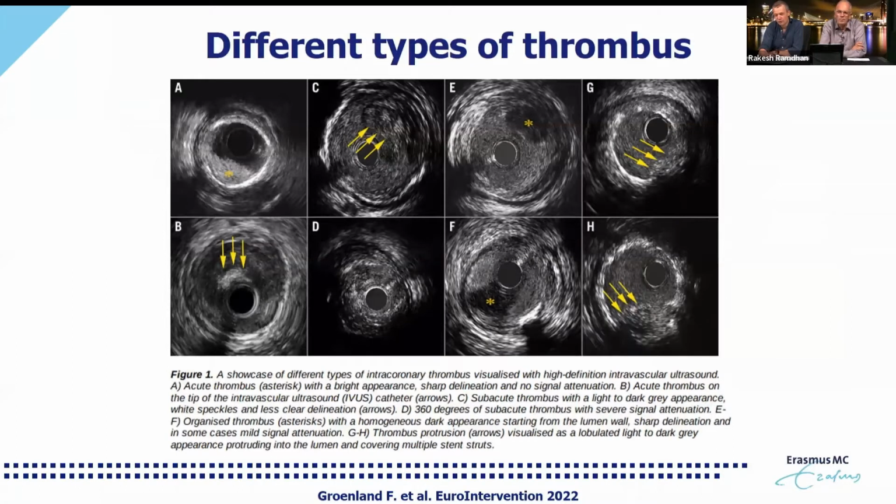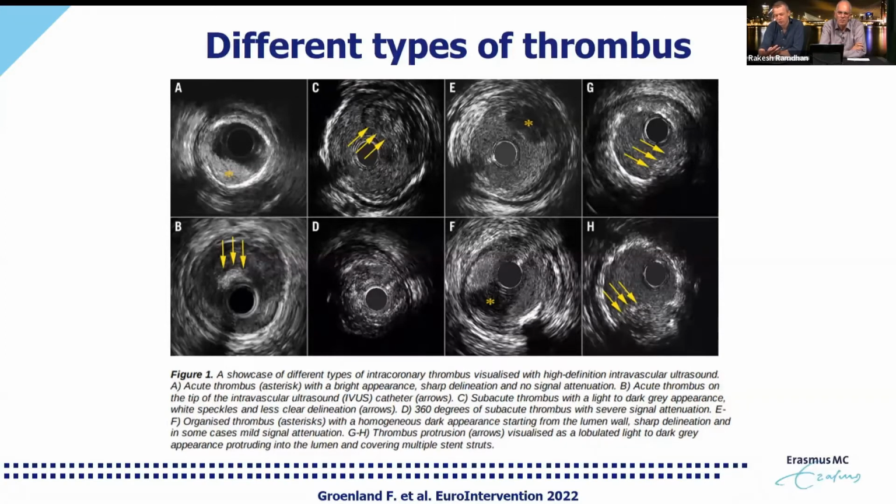The acute thrombus is characterized, as you can see, by the bright white appearance of the thrombus, virtually no signal attenuation. The subacute thrombus is characterized by a more grayish appearance. You can see that in panels C and D, sometimes with a little bit of attenuation, but typically not.